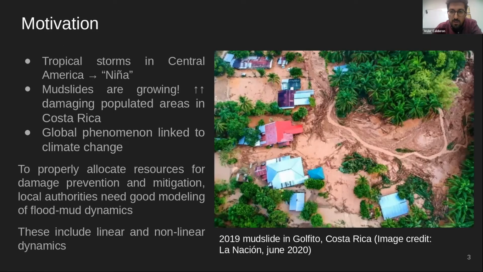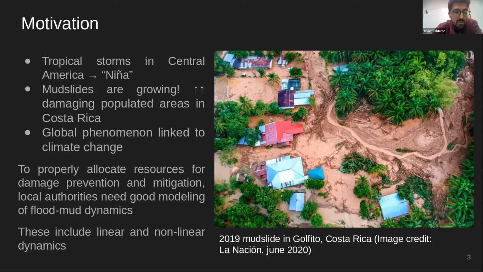So the motivation comes from the fact that there are tropical storms happening in Central America, and just as an example, you have this Niña phenomenon that happens not cyclically but every several years, and brings mudslides such as the one that you can see that happened in 2019 in Golfito in Costa Rica.